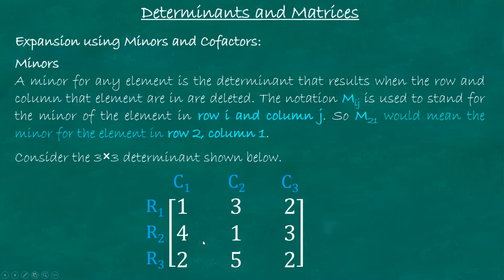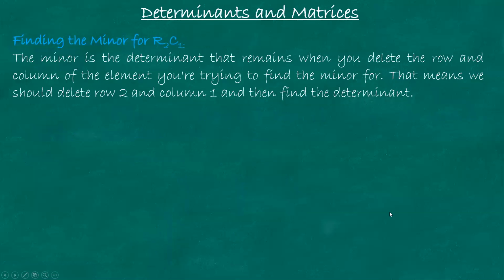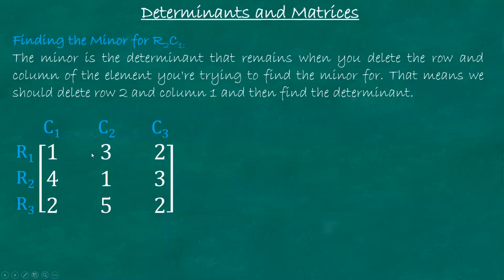Unsay minor sa 4? Mao na siya. I-delete na to ang row 2 o i-delete to ang column 1. Ang bilin is this. 3, 2, 5, 2, row 1, row 3, column 2, column 3.